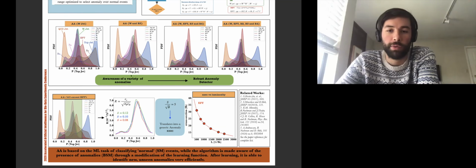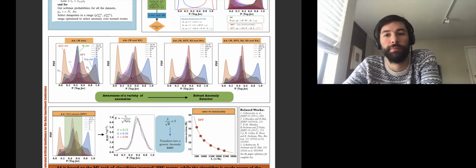Yes, I do not have that sensitivity plot, but in the middle plot, I'm going to share my screen again. You see my screen? Yep, I see the screen and the mouse. So here you can see that only one is not good for a varied set of anomalies.